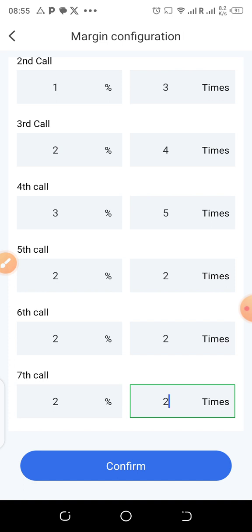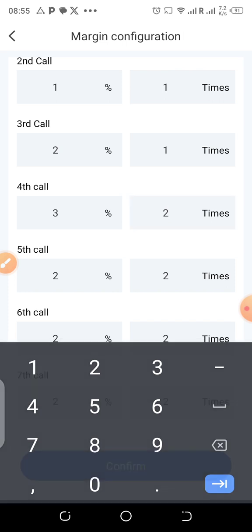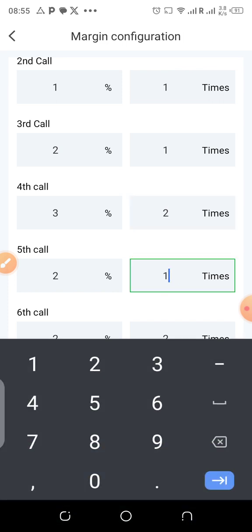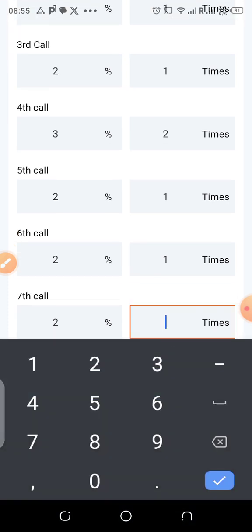So if you cannot use the Fibonacci, you cannot use the double up, you cannot use the plus 1, you can say, it's okay, I don't have capital, maybe I have $100. Let the robot buy 1 time. It is okay.